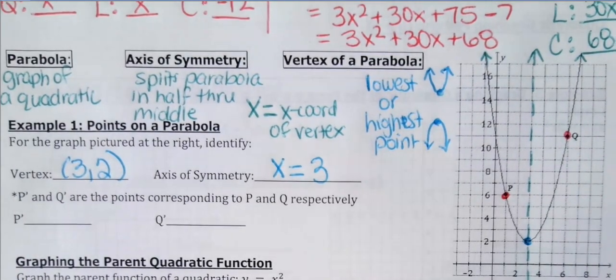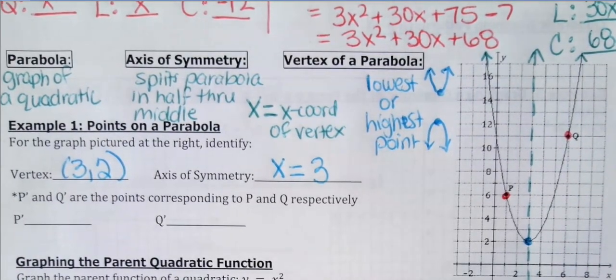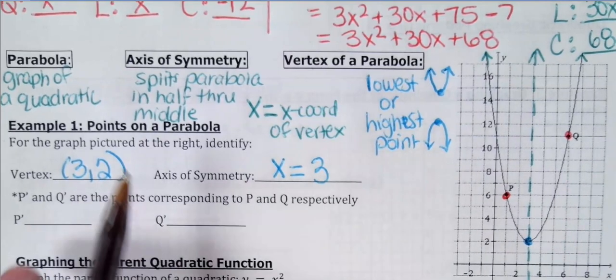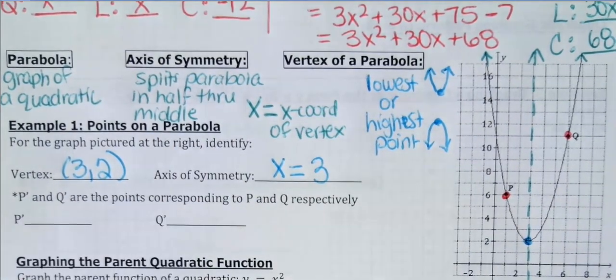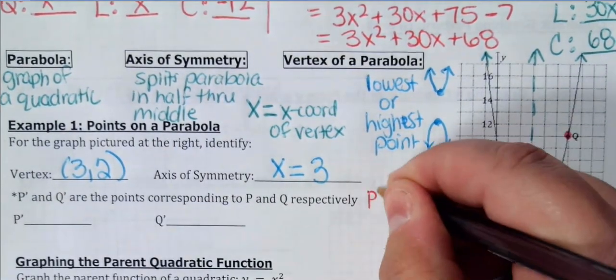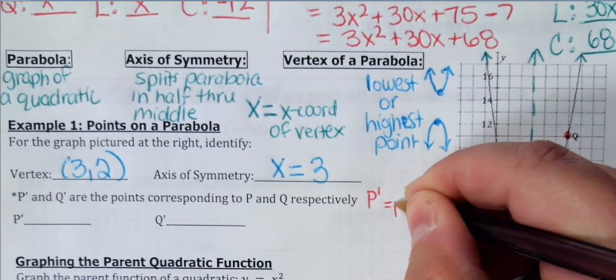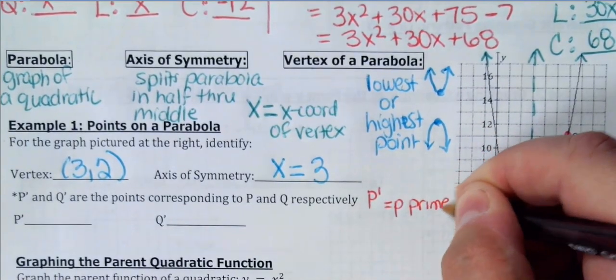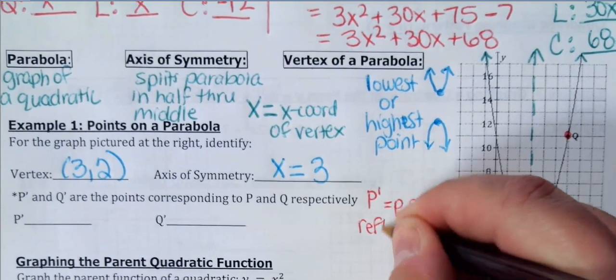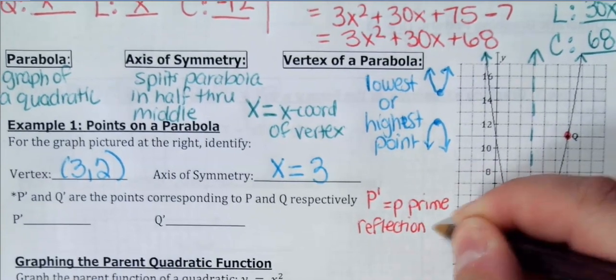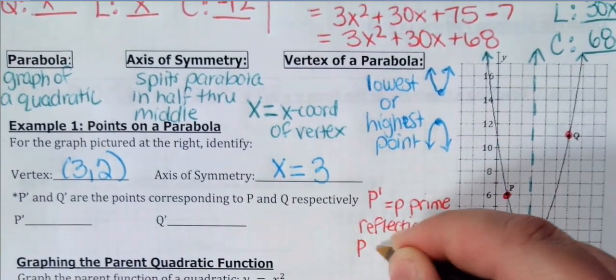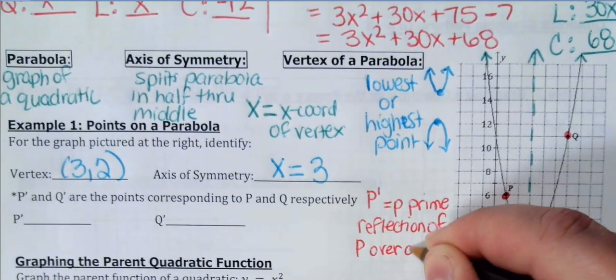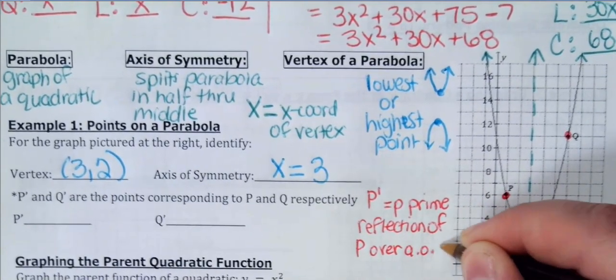Now, I don't know if you got to this unit in geometry or not, but prime is just a reflection. So the way I would read this, P prime, all it is, is a reflection of that same point P over the axis of symmetry, which I'm going to abbreviate AOS.